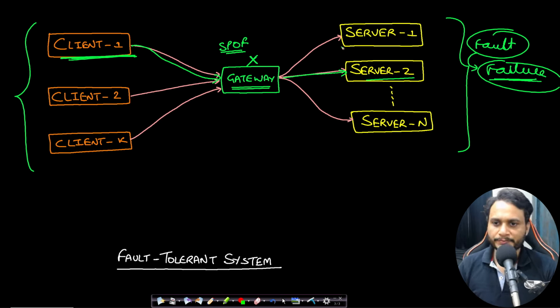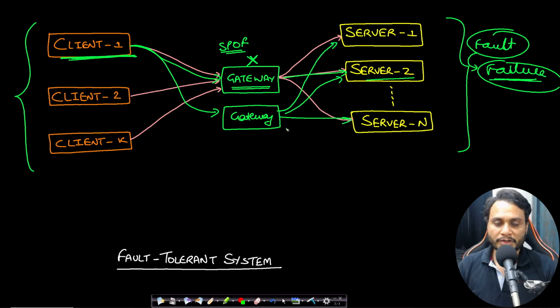Seeing the video. Now the solution could be to put another instance of the gateway. Okay, to have another instance of the gateway in such a way that you can have a backup gateway, or you can have another option for the gateway, so that if this gateway is down, then your request can be routed through another gateway and it can get your request to the servers.